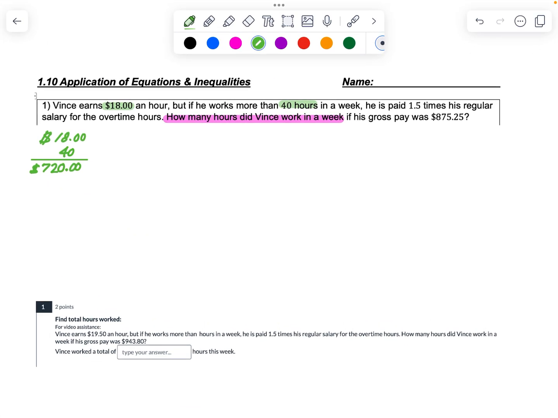And if the person makes $875.25, well, we know then that of that $875.25, $720 of it was regular pay.